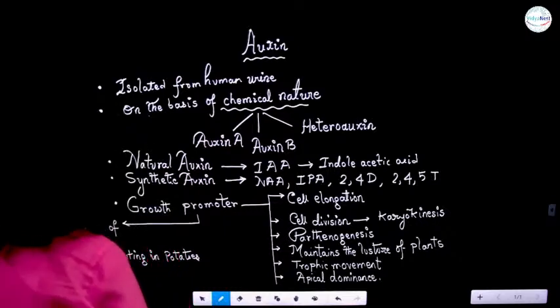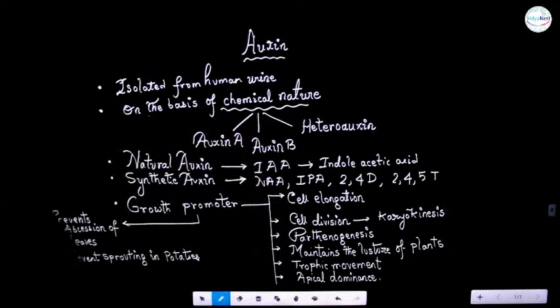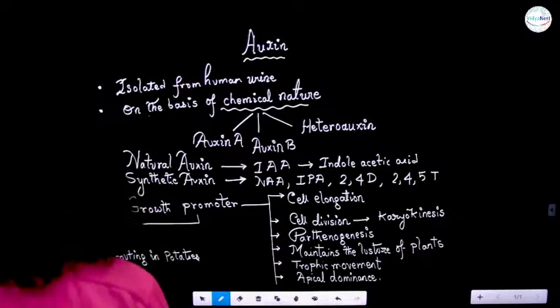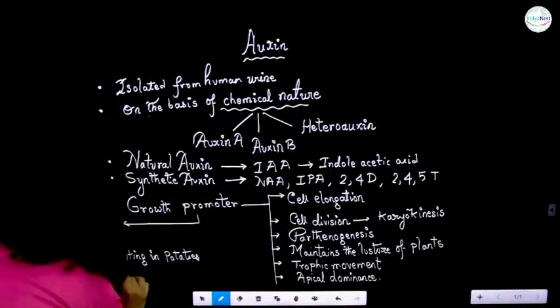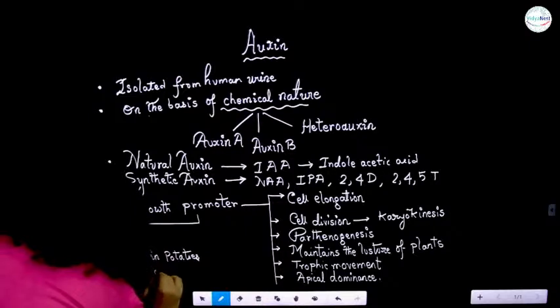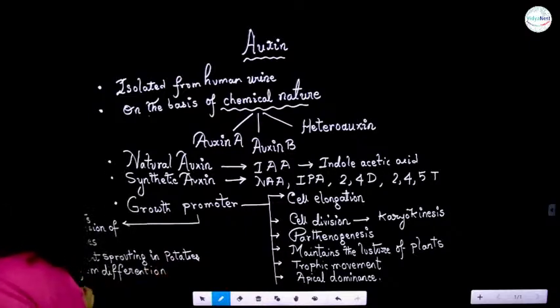So these are some of the functions associated with auxin, and it also helps in xylem differentiation and callus formation.